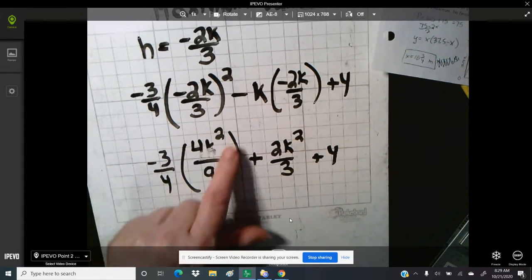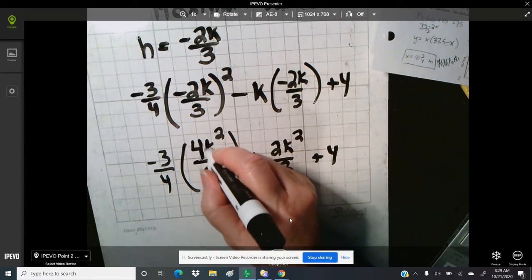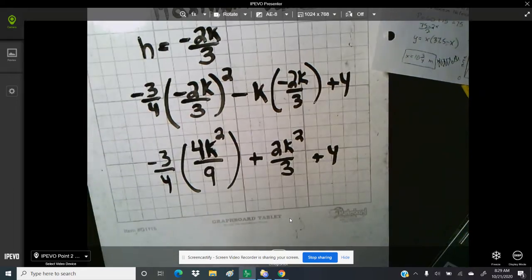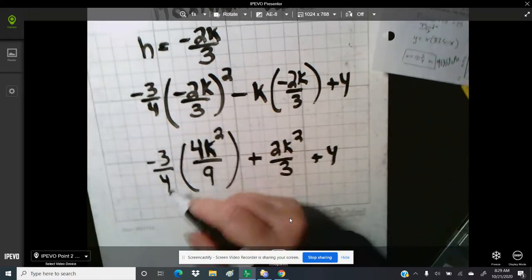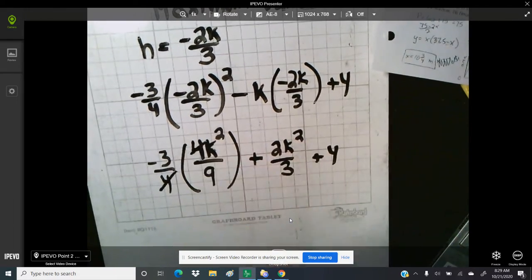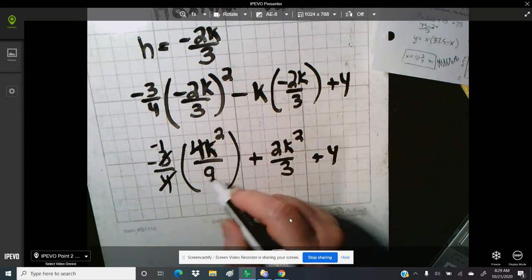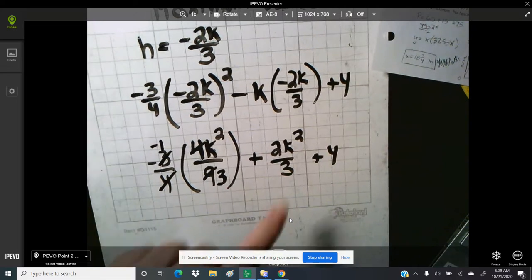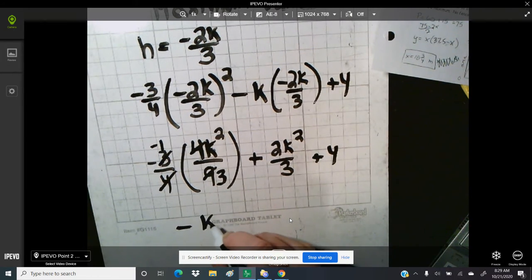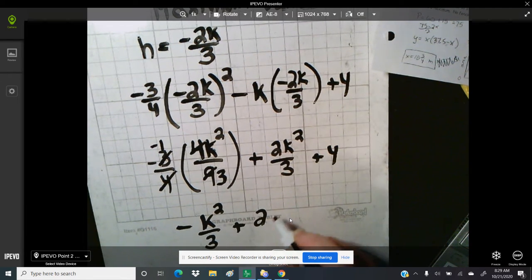Now let's multiply these two together. We can actually simplify as well. The 4s will cancel out. 3 divided by 3 is going to be negative 1. This will be 3, just cross reducing. So this will give me a negative k squared over 3 plus 2k squared over 3 plus 4.